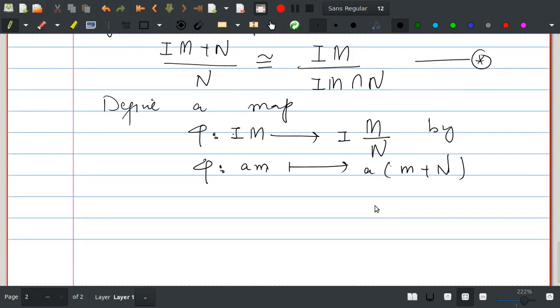So it is straightforward to prove this phi is actually an A-module homomorphism, not only a homomorphism but a surjective one. So clearly phi is a surjective homomorphism.